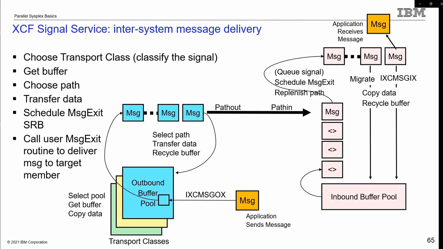Instead, we allow the system to manage that, and that is no longer necessary. What we're trying to say here is that there is this idea of buffer pools on both sides and specific paths over which that message is actually going to be sent.